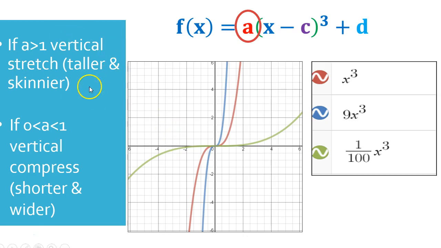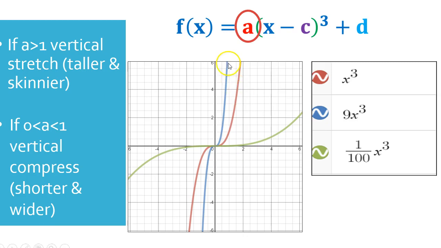The blue graph, again, is the parent function. Now, the red graph is the parent function. If we change the A value to 9, then you can see that we have a vertical stretch by a factor of 9. It's very important to include the factor of the stretch or compression.